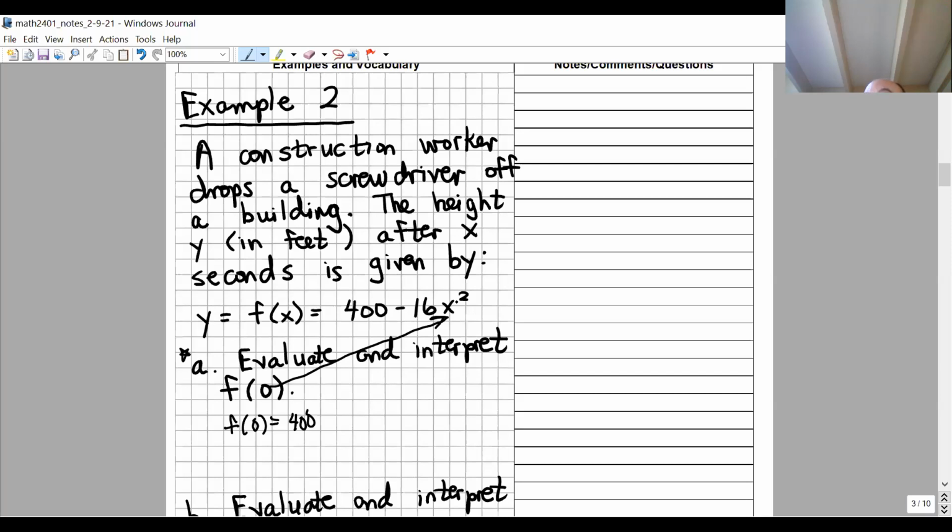So in other words, the initial height of the screwdriver when it's dropped is 400 feet, or as Van said, the height of the building is 400 feet. That's all we're learning when we calculate f of 0: the initial height of the screwdriver is 400 feet.